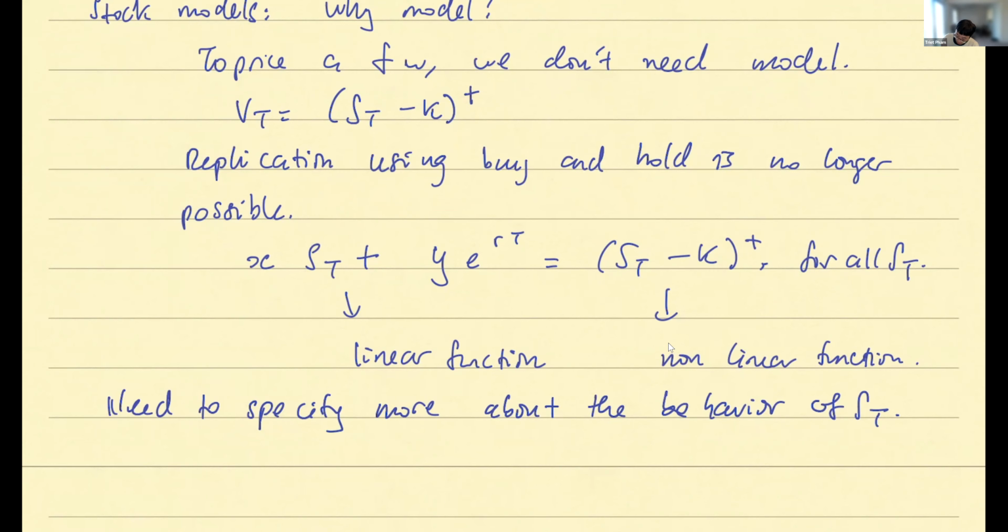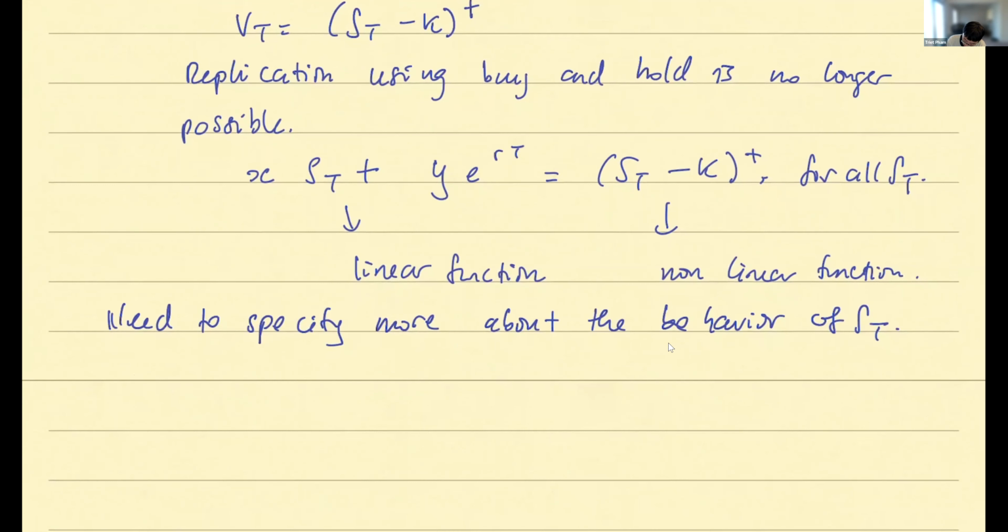So I want to review this real quick and look at your simplest model, which is the binomial model. You learned the binomial model, I'm sure, from Math Finance 1.